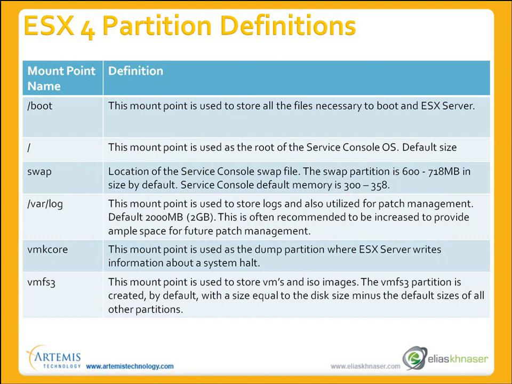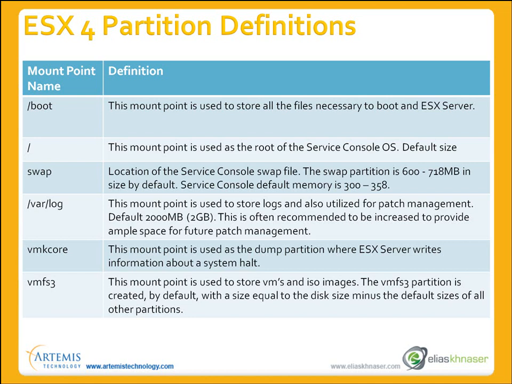However, the first thing we're going to do post install is change the service console memory from the default value up to the maximum, which is 800 meg. So our swap file is going to become 1600 meg, because we're going to double what the service console memory is allocated, which is 800 meg.